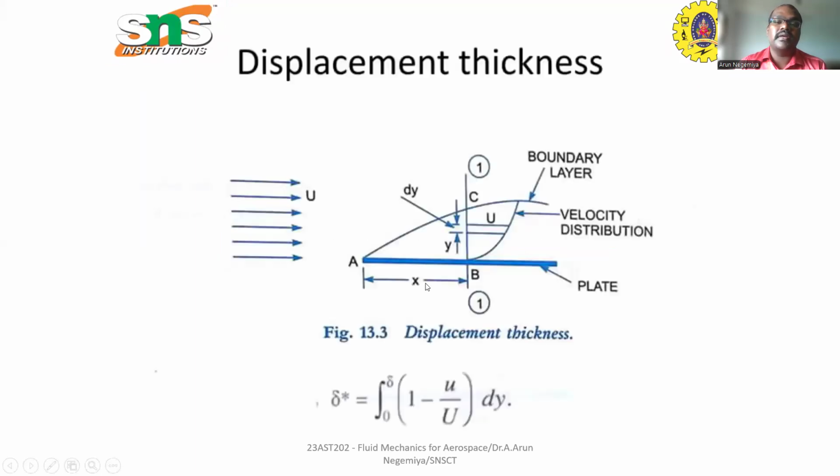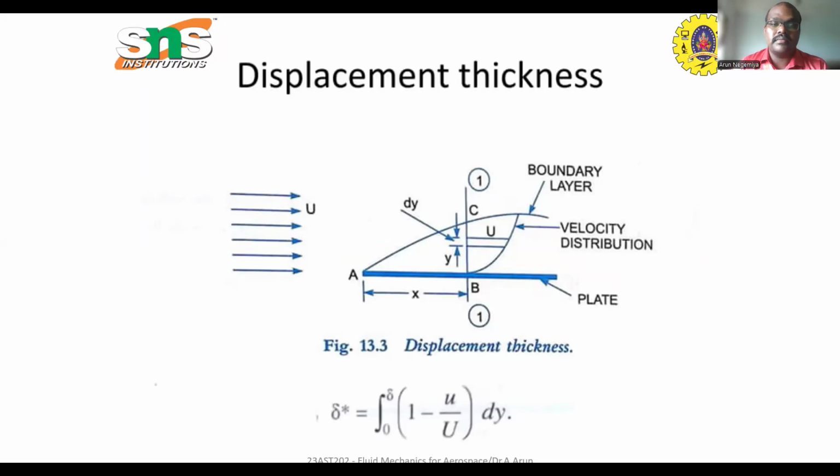The first one is the displacement thickness. The displacement thickness is denoted as delta star. Here delta is nothing but the displacement, the distance traveled from one region to another region. The normal distance to the reference plane representing the lower edge of the hypothetical fluid of velocity is called UE in this region.